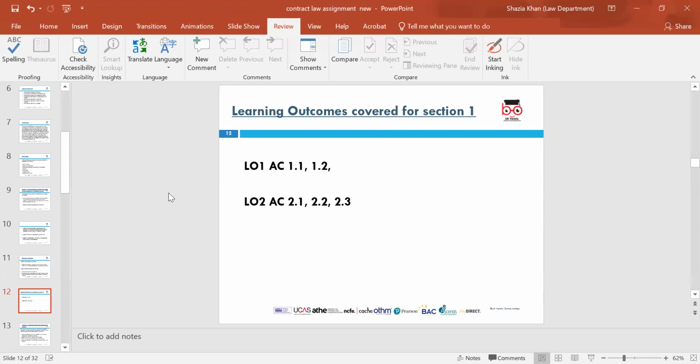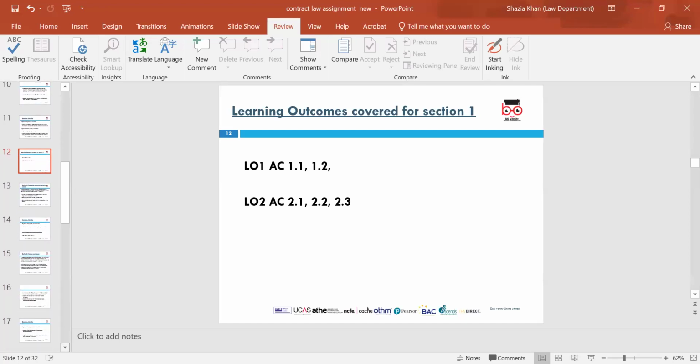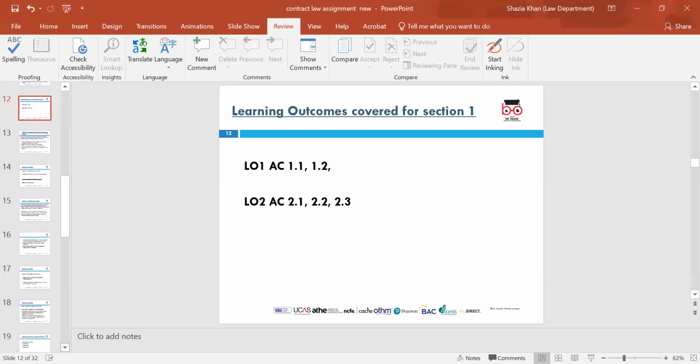Learning outcome covers for section 1, so it would be learning outcome 1, and the assessment criteria is 1.1 and 1.2, and then learning outcome 2 and it would be assessment criteria 2.1, 2.2, and 2.3. And this would complete section 1. So you need to make sure, if you want to do the extension activities, you would complete the extension activities for merit and distinction, and make sure you are looking at learning outcome 1 and 2 for section 1.